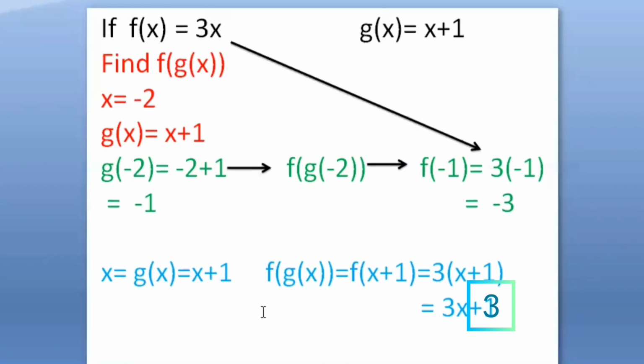So how am I going to solve it? f of g of x is equal to, first we need to solve this. We don't have any value for x, so our g of x value is x plus 1. I put the g of x value here, so I got 3x plus 3.